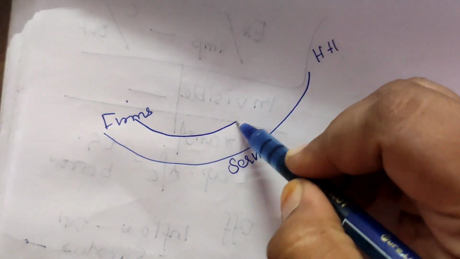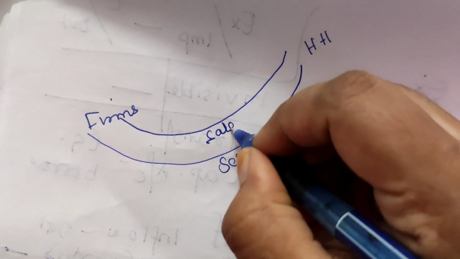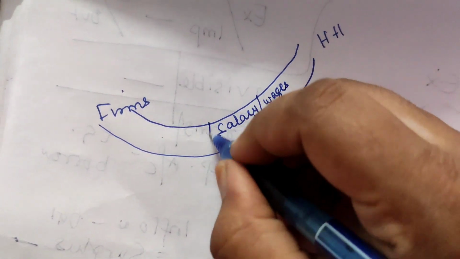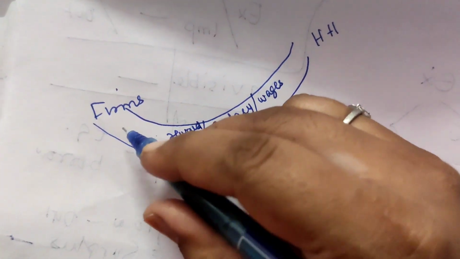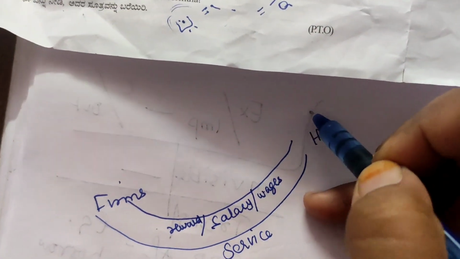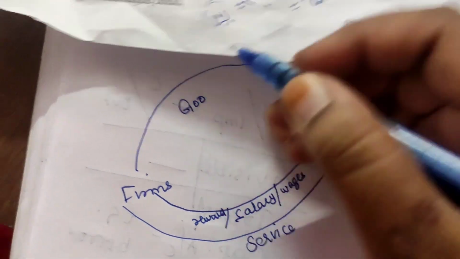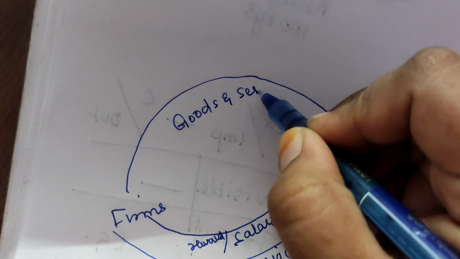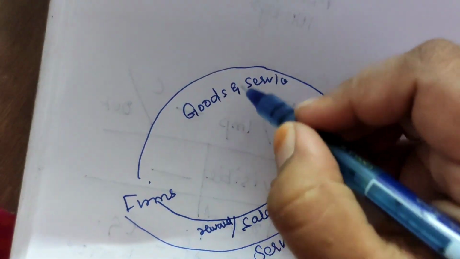The firms will give them salaries and wages, which is the reward for all the factors of production and services being sent from household to the firms. And household will buy goods and services by spending.